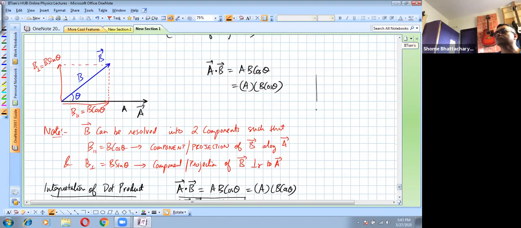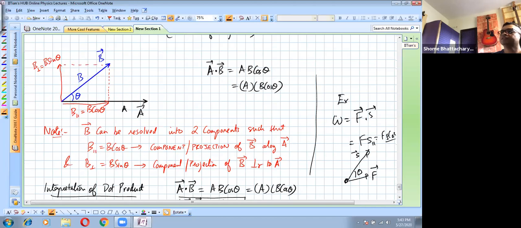Then it becomes obvious. For example, when we define work done as F dot S, this becomes F into the component of S which is parallel. So if you are applying a force in this direction on a body, but the displacement is happening in this sort of direction, this becomes Fs cos theta.